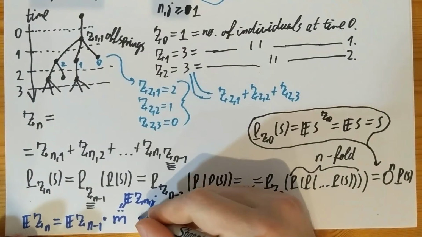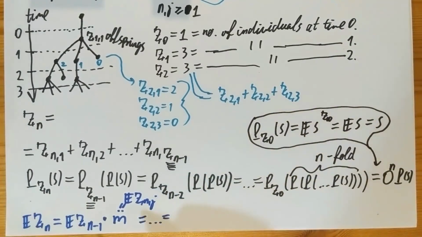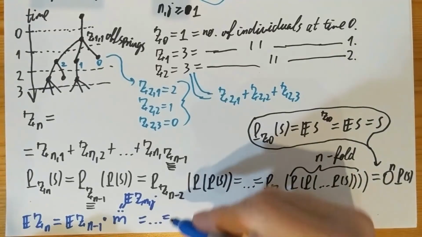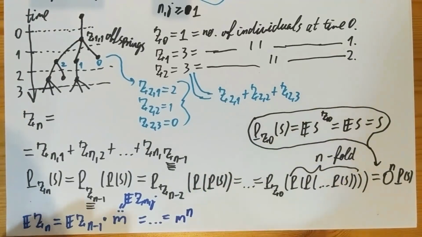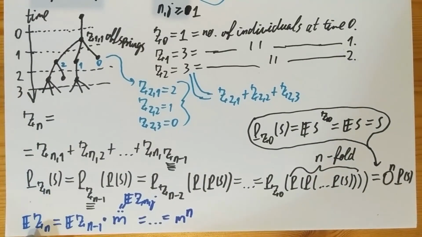And again, you can do this n times. You can say that the expectation of Zn minus 1 is m times the expectation of Zn minus 2, and so on, and eventually get to m to the nth power. So the expected number of individuals at time n is the individual offspring distribution's mean, which is m, to the nth power. And again, m is defined to be the expectation of Z n,j.